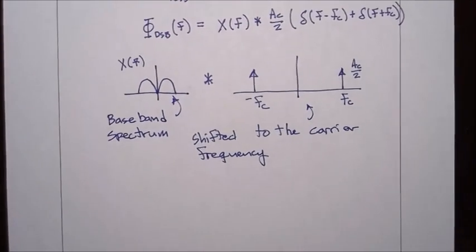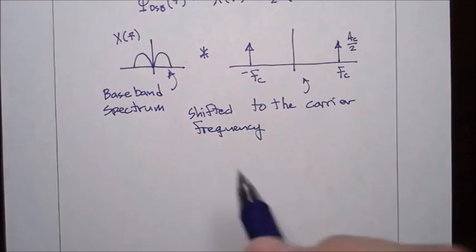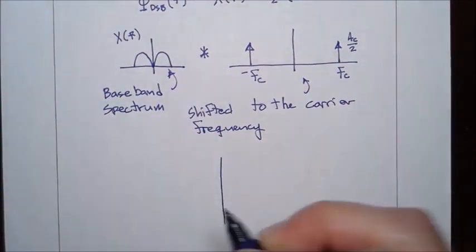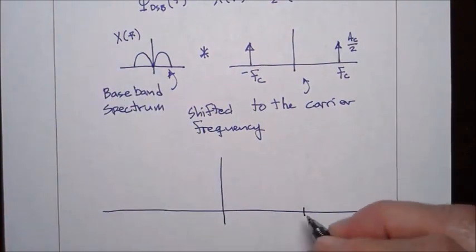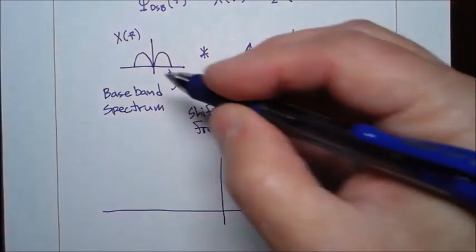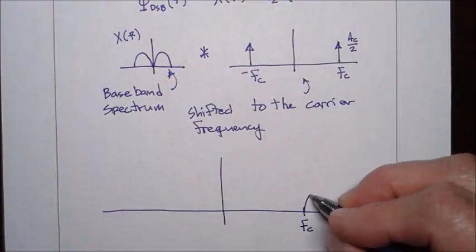So when we carry out the convolution, we can graphically illustrate that by taking this shape and replicating it and centering it at the carrier frequency.